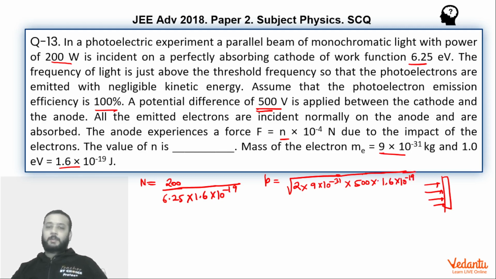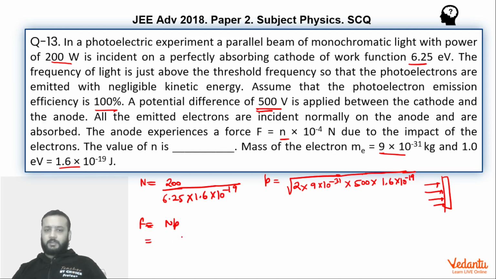So this is the momentum of one electron reaching the anode, and number of electrons reaching the anode per second is this. So we can say that momentum of the electron after hitting the anode will become 0. So this will also correspond to change in momentum of the electron and number of electrons hitting the anode per second is this. So force will be simply the product of these two quantities, n into p.